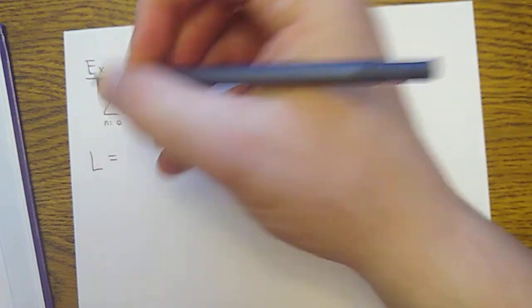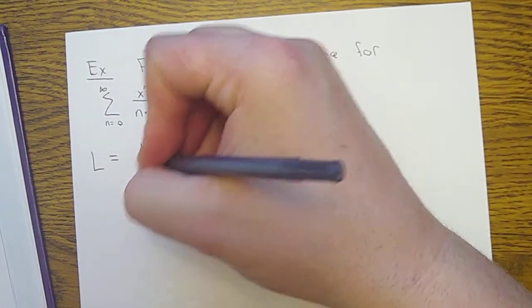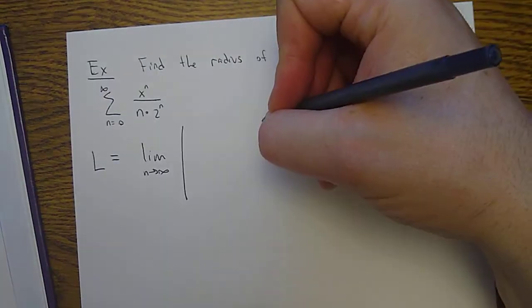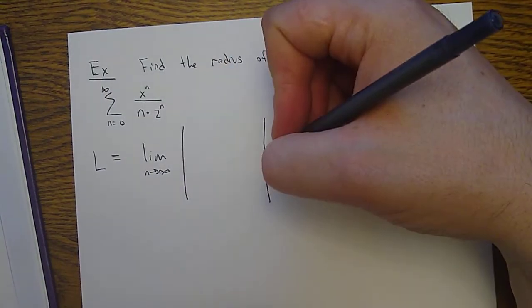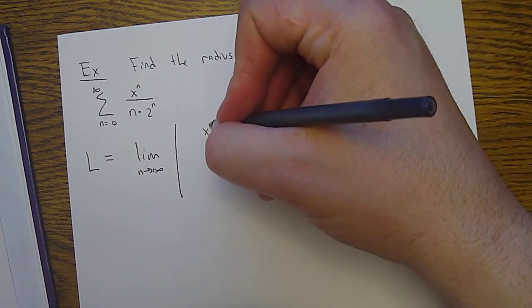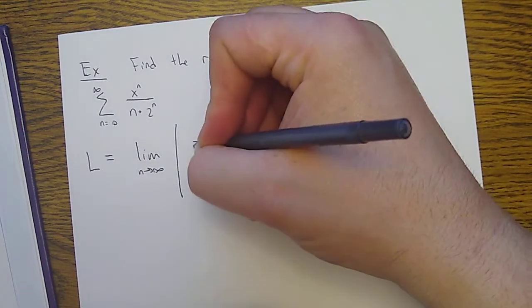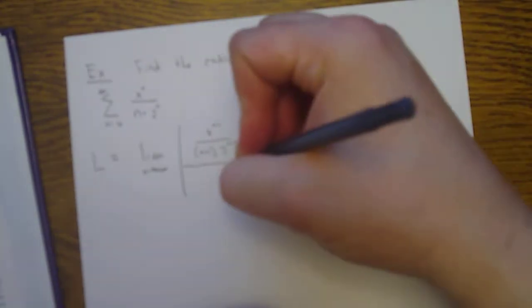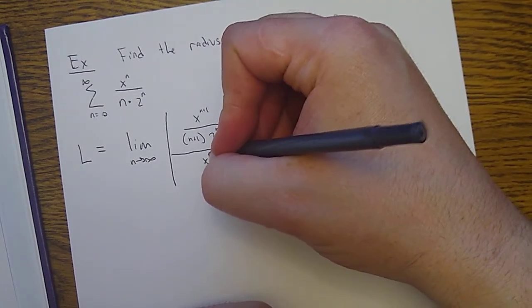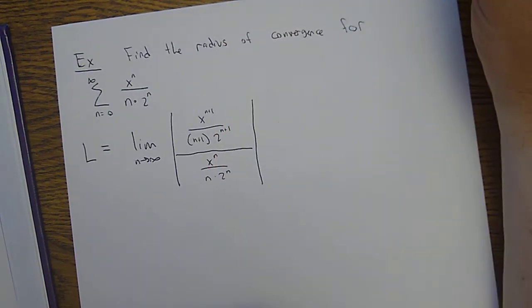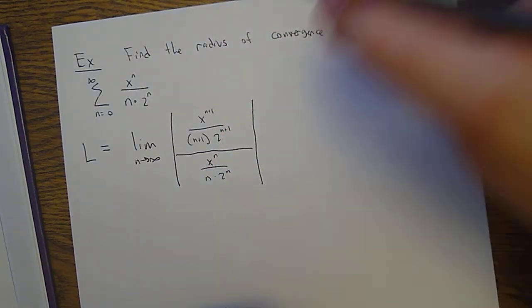We start by finding this L, which is the limit of the absolute value of the n plus 1th term over the nth term, like that.